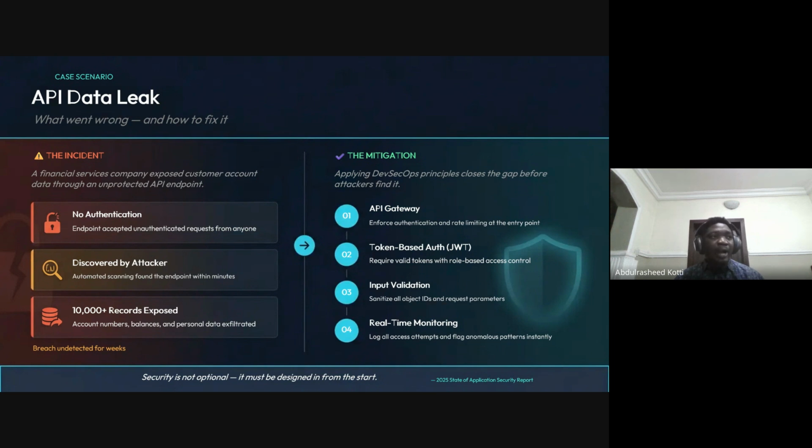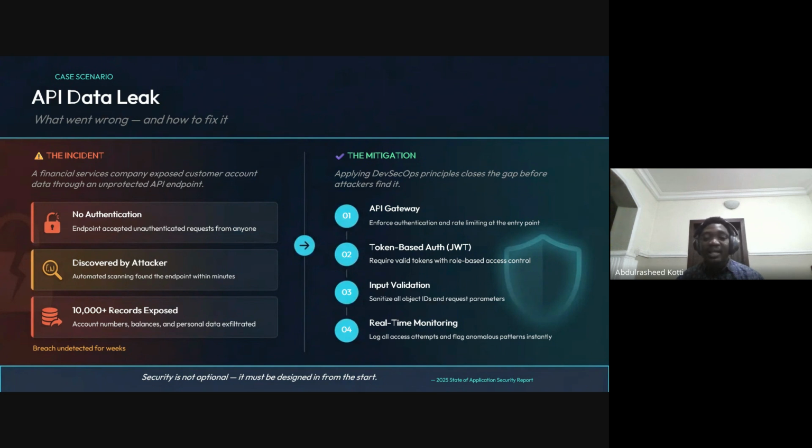So how did the attack come to be? An attacker scanned the internet and found the API. And this is easy because they make use of automated tools. And once they found it, they sent requests to the API, and the API gave a response with real data.